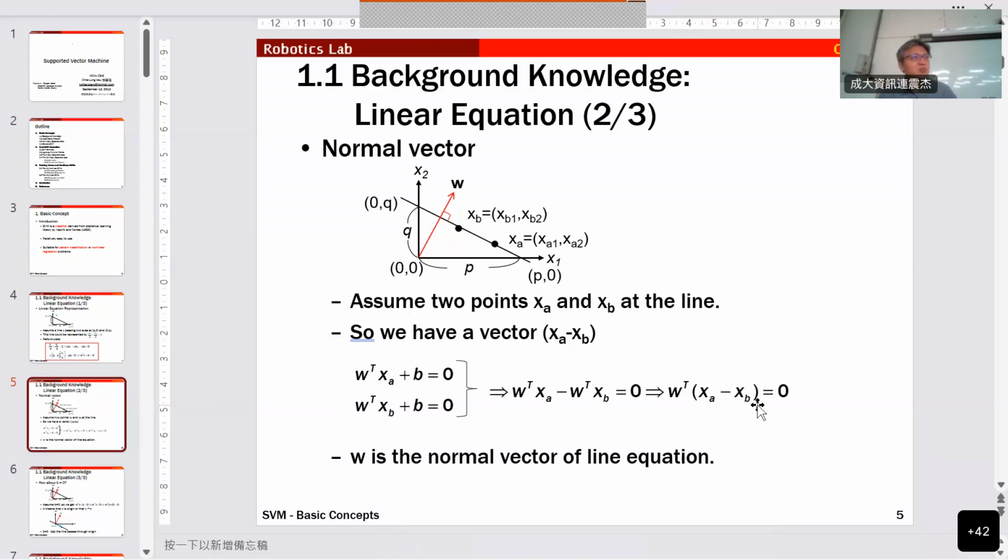XA and XB are along the same line, so the two points form a vector. This vector will be orthogonal to w. Orthogonal means 90 degrees, the inner product is equal to 0. So w is a normal vector of the linear equation. They just try to prove this.